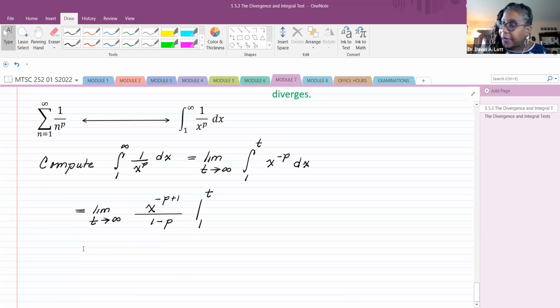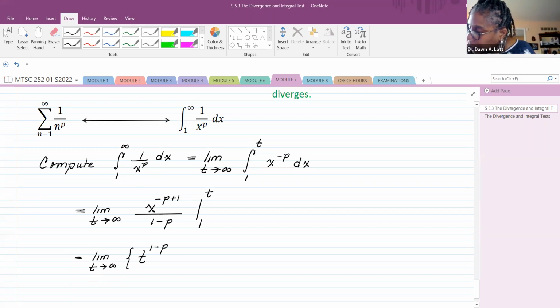Okay, I'm going to rewrite it. The limit as t approaches infinity of, so actually, let me write it. This is 1 minus p. So I get t to the 1 minus p divided by, sorry guys.